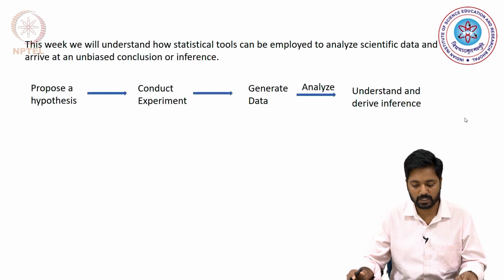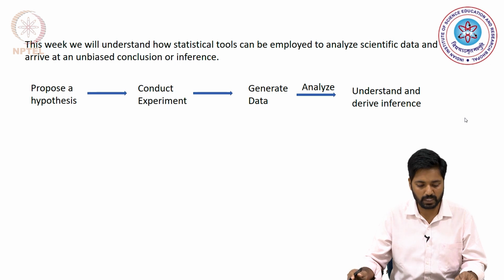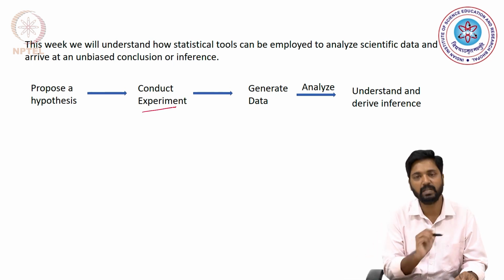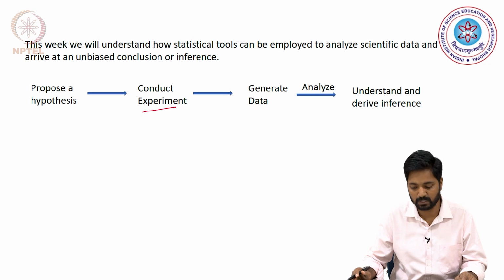So, this week we will understand how statistical tools can be employed to analyze scientific data and arrive at an unbiased conclusion. Usually we will have a hypothesis that we will propose, and then we will conduct experiments to test our hypothesis.